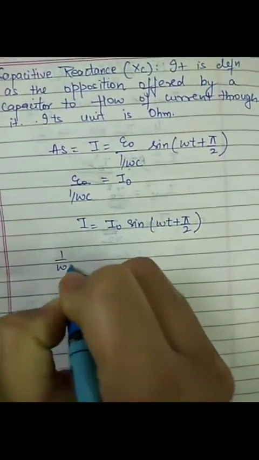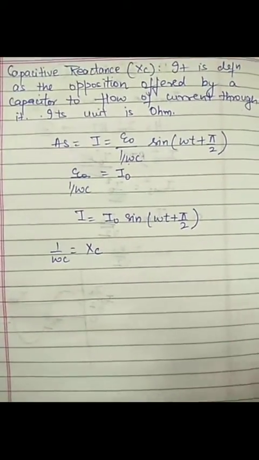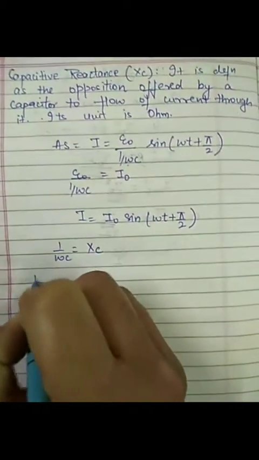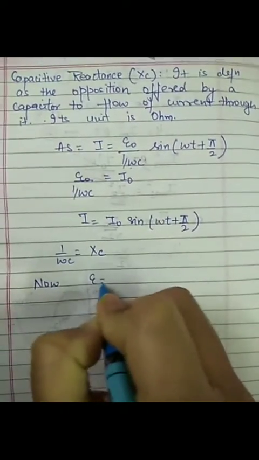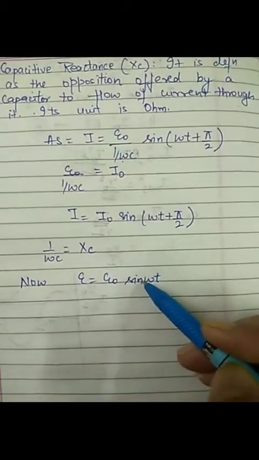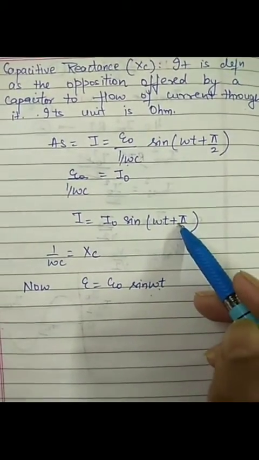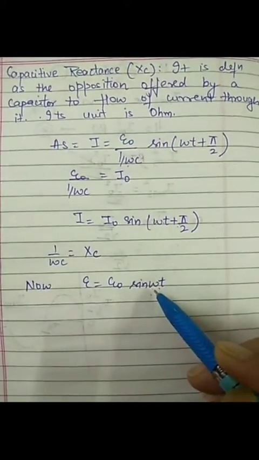Also 1 by omega C is called the capacitive reactance XC. Now as we know that epsilon equals epsilon naught sin of omega t, when we compare these two equations of voltage and current, we can see that the current is leading the voltage by a phase of pi by 2.